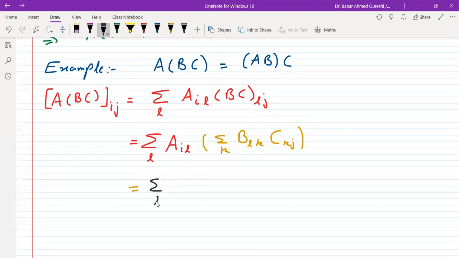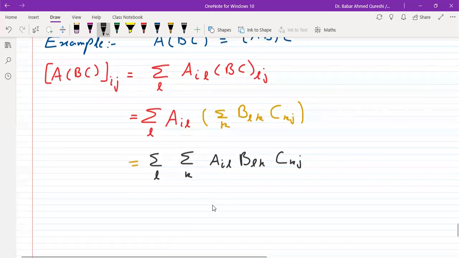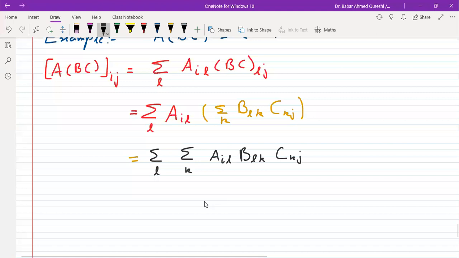So I get the summation over l, summation over k, A_il B_lk C_kj. It's a double sum. You're just told that you have to sum over l and sum over k, so it's up to you whichever index you sum first.